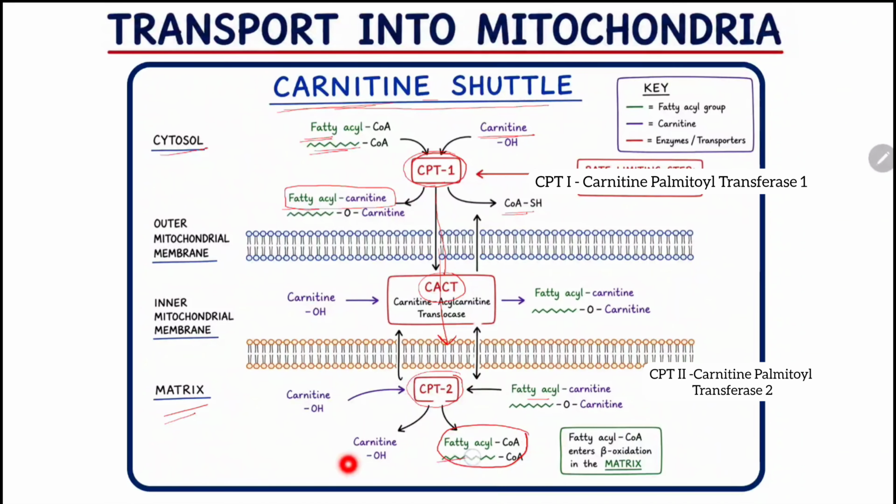One important point you have to remember here is this coenzyme A molecule and this coenzyme A molecule are completely two different coenzyme A molecules, and also this is how this fatty acyl-CoA is transported from the cytoplasm into the mitochondrial matrix through this carnitine shuttle pathway. So remember, carnitine acts like a carrier that helps these long chain fatty acids enter into the mitochondria.